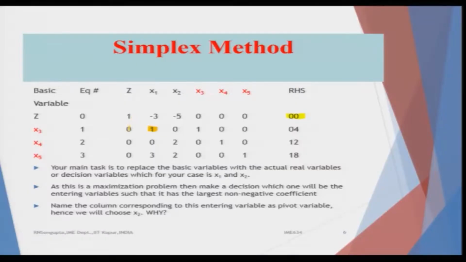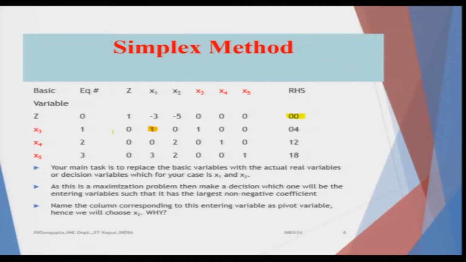So, the coefficient of z is 0 as per the norm, because we consider that as the nomenclature: 1 x1 plus 0 x2 plus 1 x3 plus 0 x4 plus 0 x5, and the right hand side is 4.